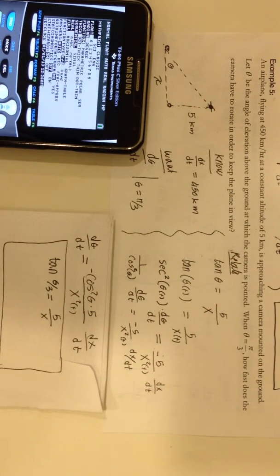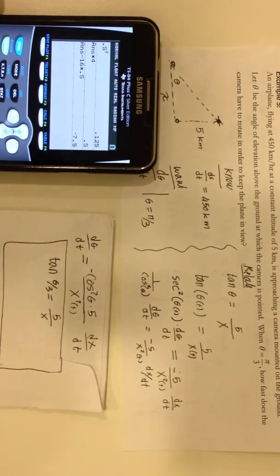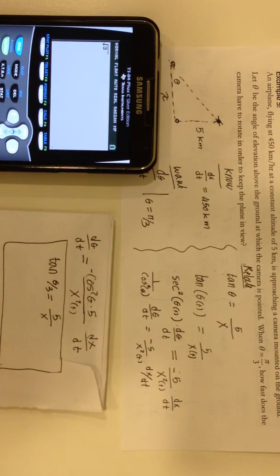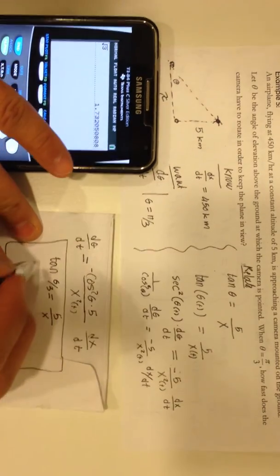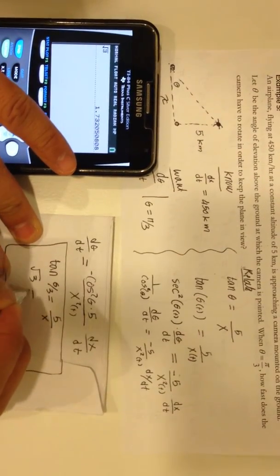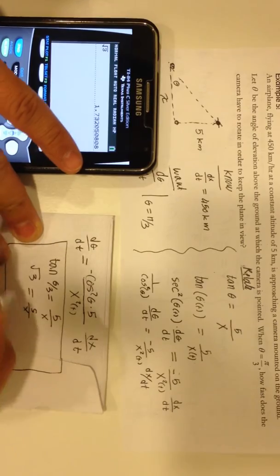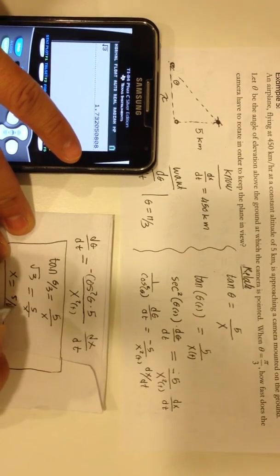Tangent of π over 3 is 1.73, which is really root 3. So root 3 equals 5 over x, so x equals 5 over root 3.